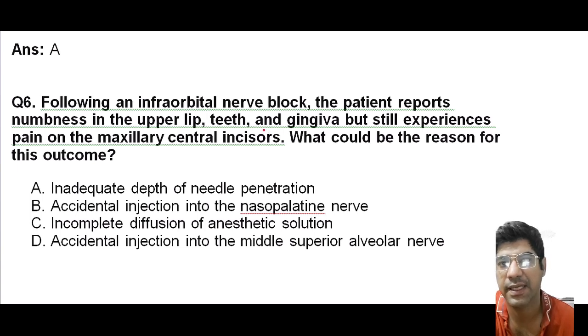So the accidental injection into the middle superior alveolar nerve is related to the numbness in the upper lip, teeth, gingiva, with pain on the maxillary central incisors after an infraorbital nerve block. The middle superior alveolar nerve innervates the maxillary central incisors, and its incomplete anesthesia can lead to this.